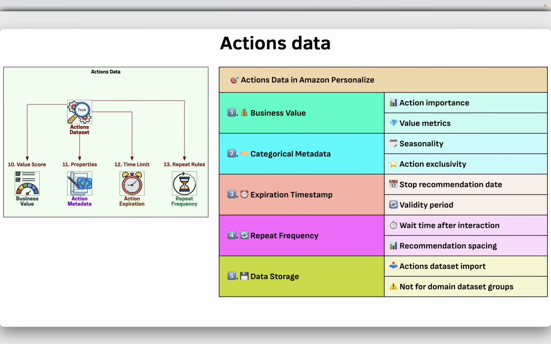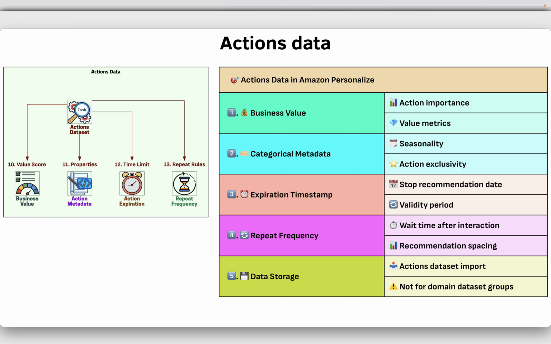Next type of data is actions data. The action data Amazon Personalize can use includes the following: the business value or importance of each action; categorical metadata for each action such as the seasonality or action exclusivity; action expiration timestamp data that specifies when Amazon Personalize should stop recommending each action; and repeat frequency data that specifies how long Amazon Personalize should wait before recommending each action after a user interacts with it.